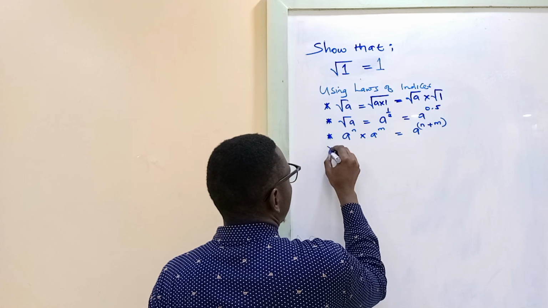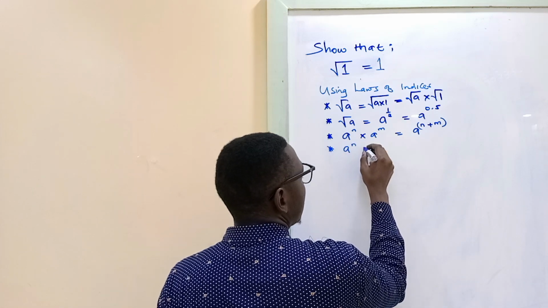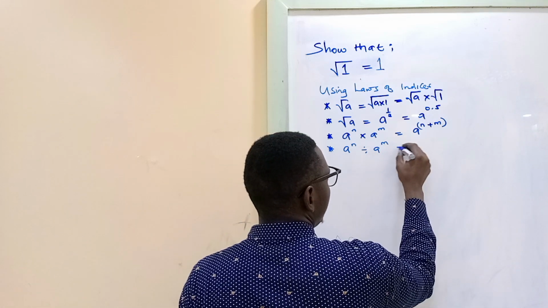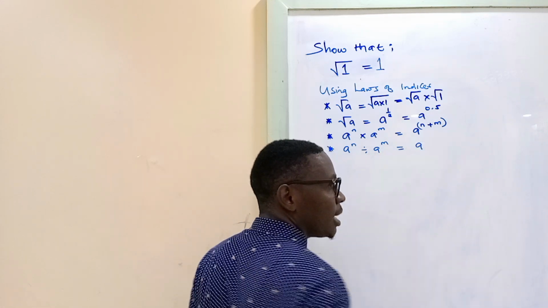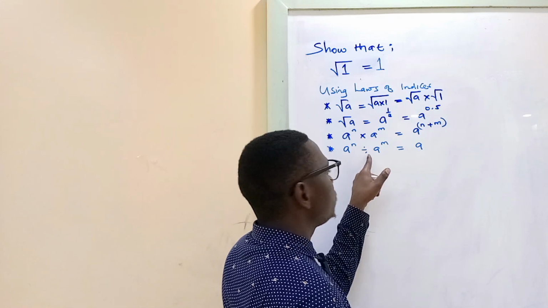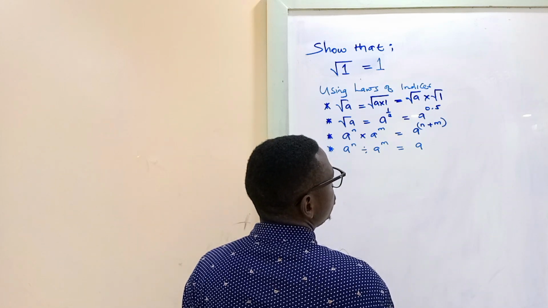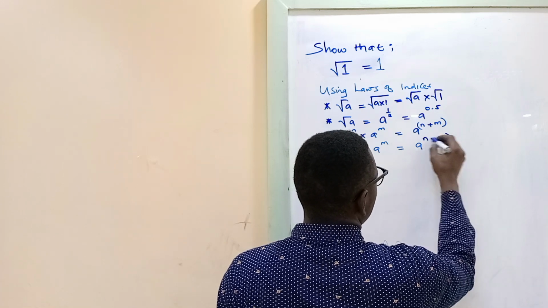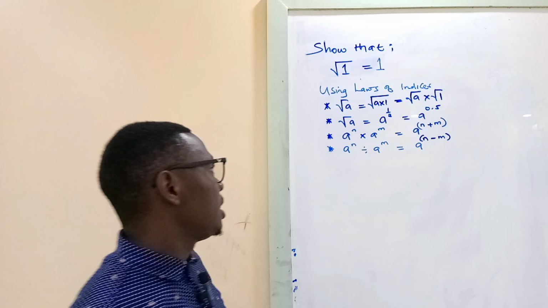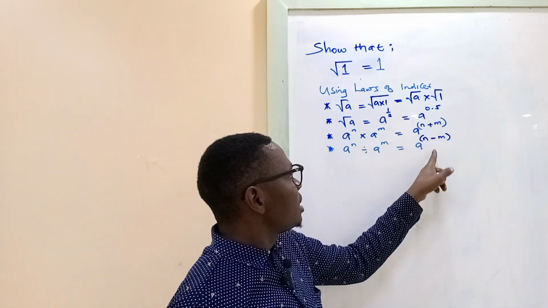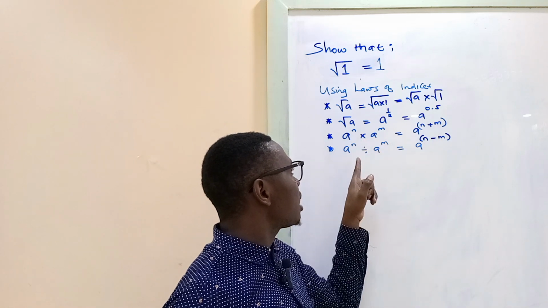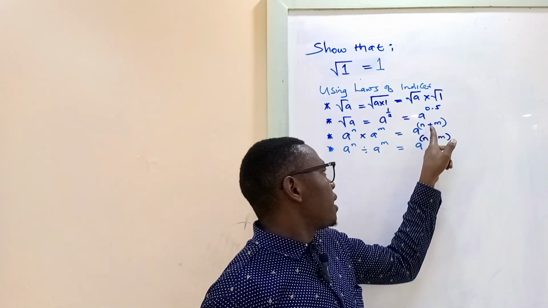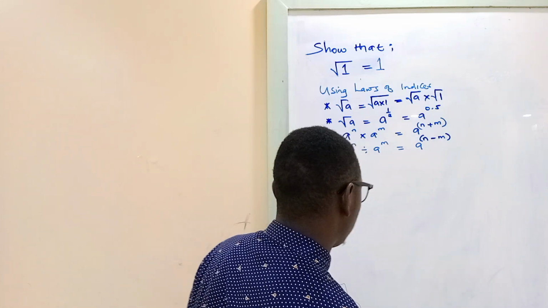And again, if you are given a to the power n divided by a to the power m, you retain the base, and because this is the division sign, you subtract the powers, n minus m. The difference is that you add for multiplication and you subtract for division.